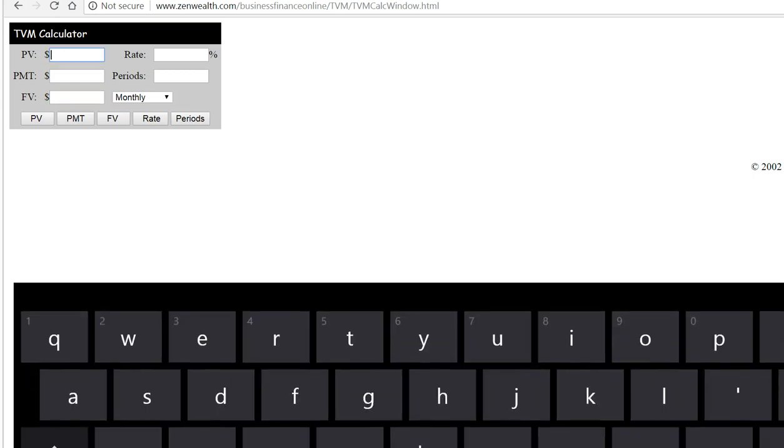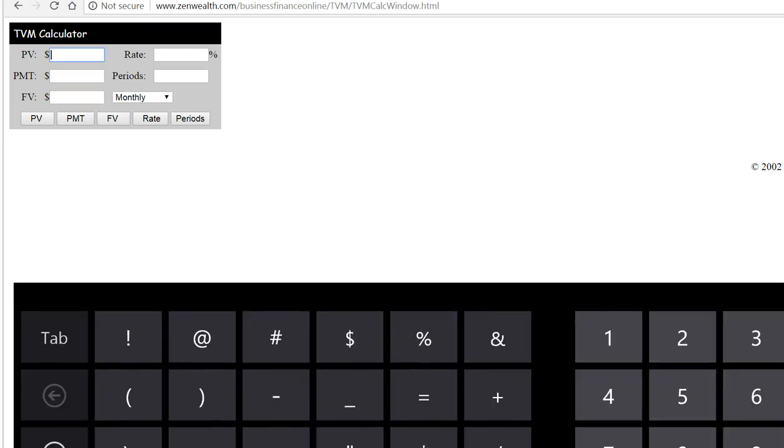So our present value will be negative 100,000 because that's how much we're putting into the account at the beginning. We are trying to find the payments, so we'll leave that blank. The future value is 0 when we get all of our money back. The interest rate is 9.3%.